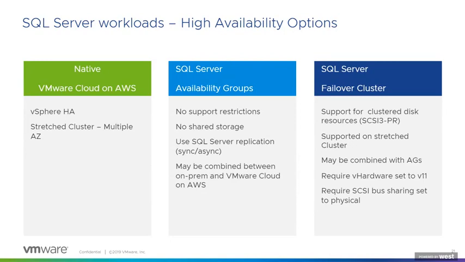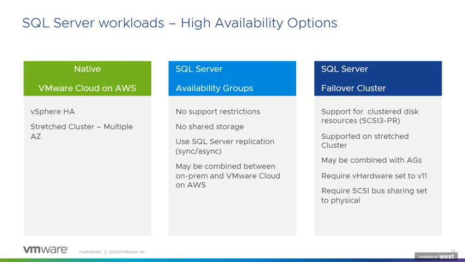We always provide vSphere HA and all other vSphere high availability features as a part of VMware Cloud on AWS. In addition to that, as a part of Stretch Cluster, you could also provide additional availability if an availability zone inside of VMware Cloud on AWS fails.